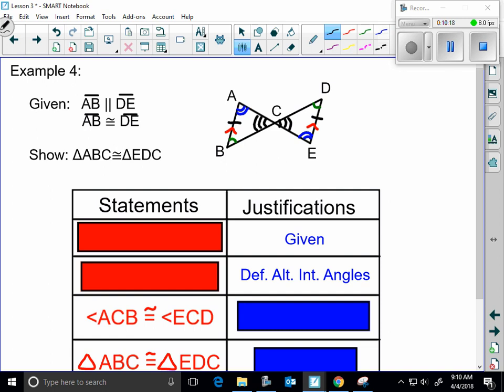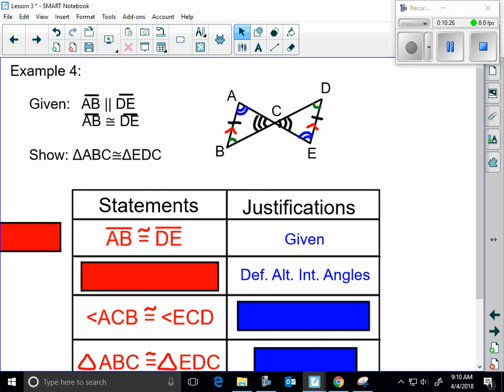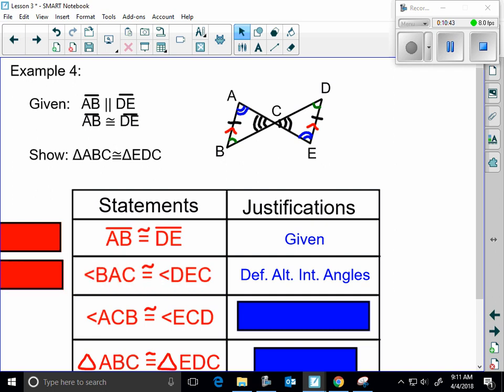So let's go through it for a second here and figure out why it is what it is. Given, we know that AB is congruent to DE. That was given to us. Alternate interior angles will tell us either B is congruent to D or A is congruent to E. So in this proof you could go either way, but it looks like I had gone BAC is congruent to DEC.